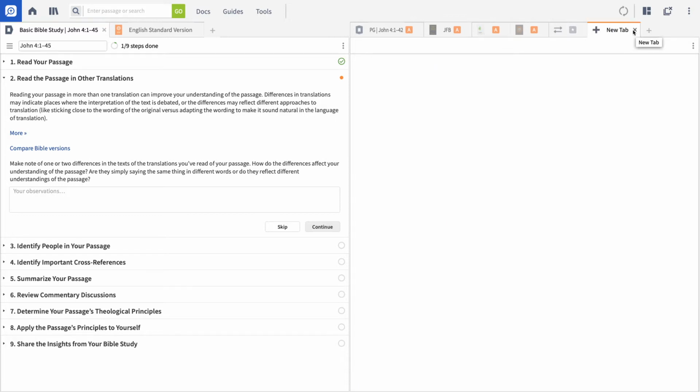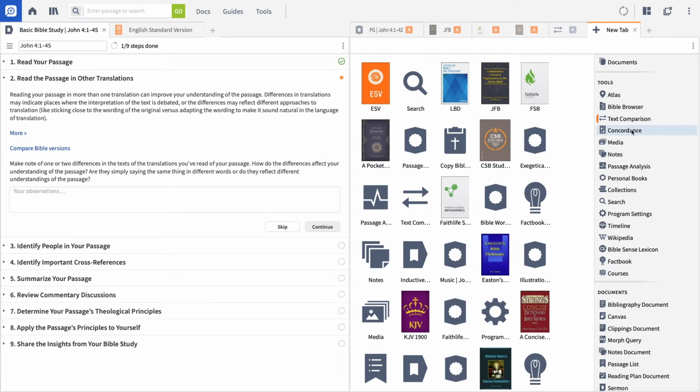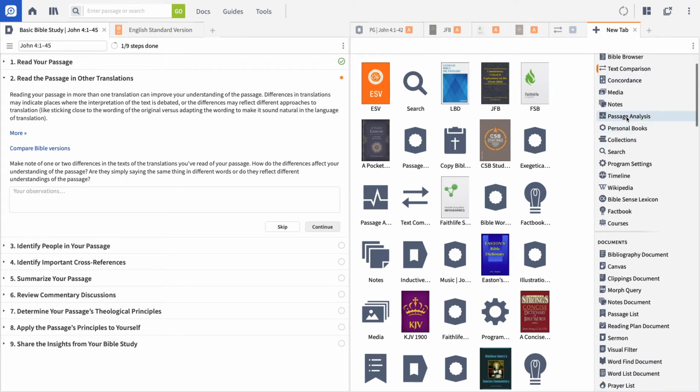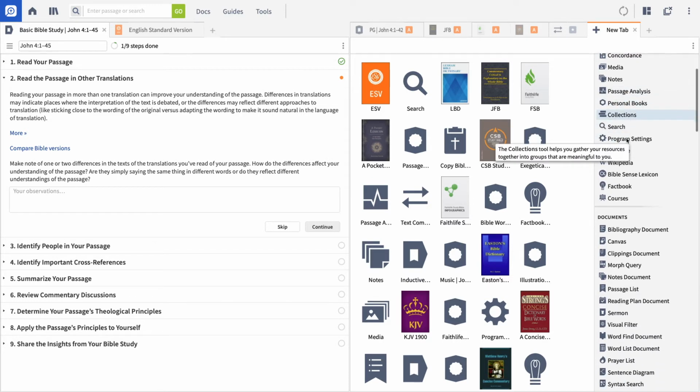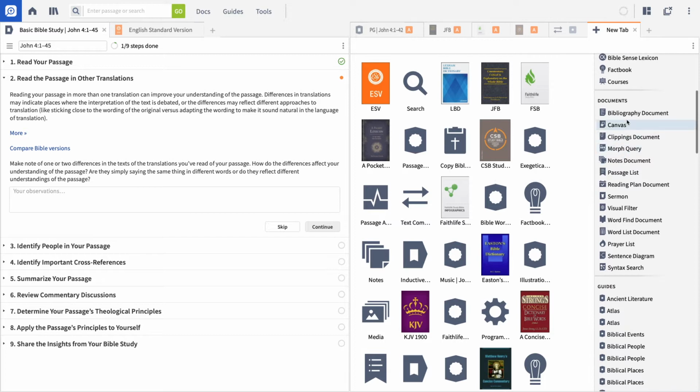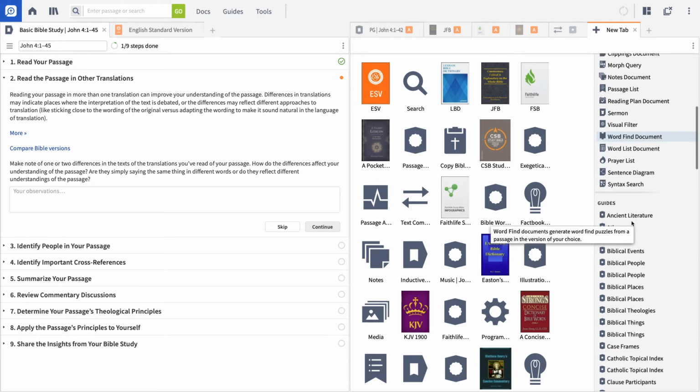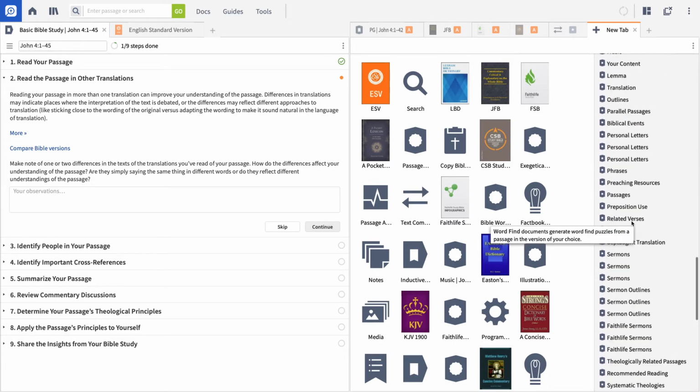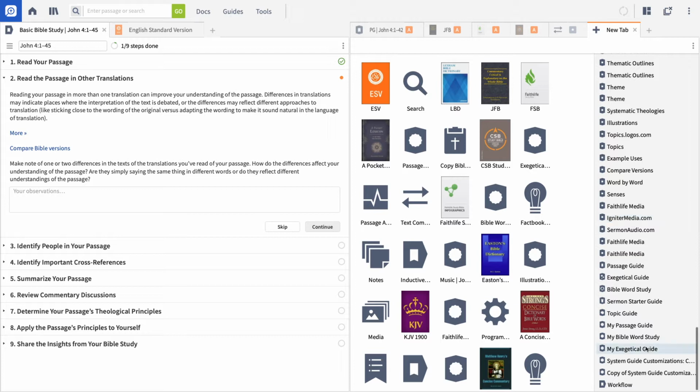I'm trying to remember what it was called. There's so many tools in this app. Passage analysis? No. Okay, I'm trying to remember what it was. What was it? It was so cool.